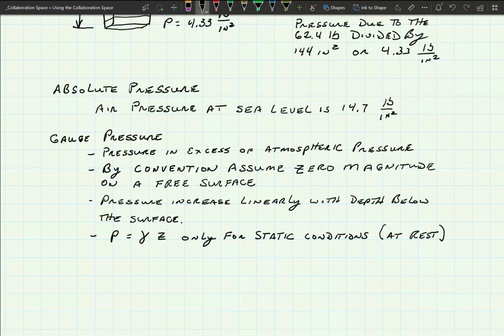So, no idea what Dr. Regal's little glass bottle is doing up here, but if I fill that full of water and I don't move it, it will be at rest. The pressure at the bottom will be the pressure at the bottom. But what if I start shaking it? Now we get momentum going on in there and the pressures are going to change. Okay? So when we measure this, we assume it to be at rest.